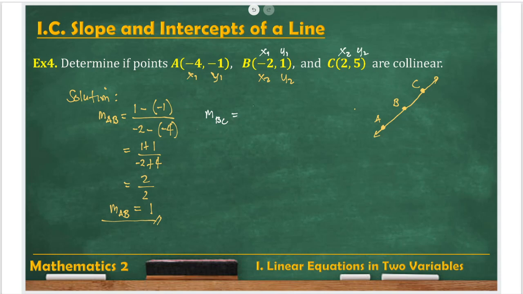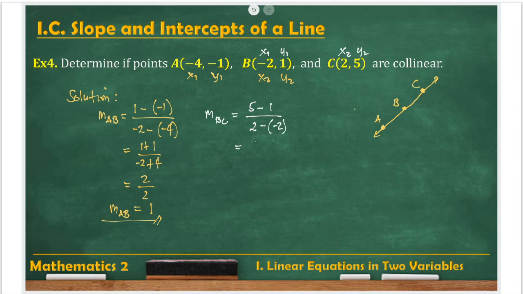Then by the slope formula and by substitution, we have M sub BC is equal to y sub 2, so that's 5, minus y sub 1, that's equal to 1, all over x sub 2 is 2 minus x sub 1 is negative 2.